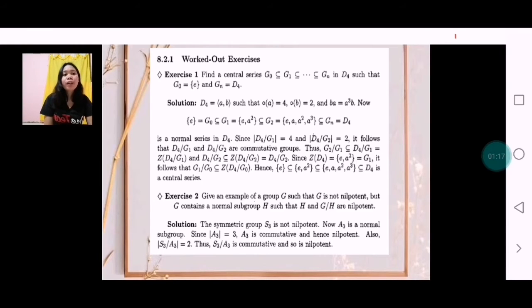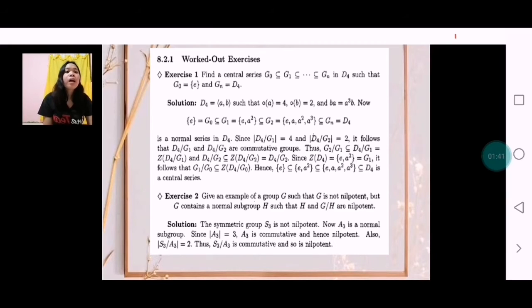Thus, G sub 2 over G sub 1 is a subset of D sub 4 over G sub 1, which equals C of D sub 4 over G sub 1, and D sub 4 over G sub 2 is a subset of C of D sub 4 over G sub 2, which equals D sub 4 over G sub 2.